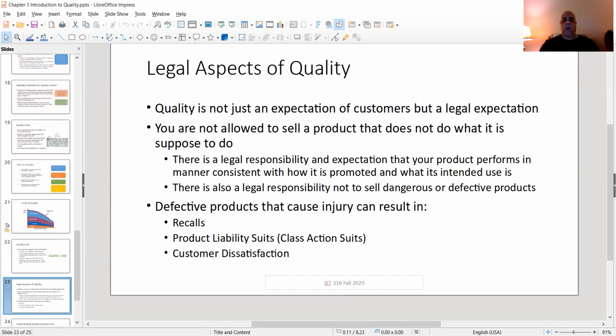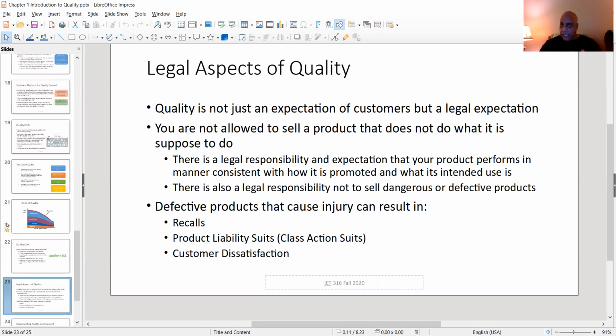Then you have the legal cost of quality. You see, quality is not just an expectation of customers, but a legal expectation. Why? Because you're not allowed to sell a product that does not do what it is supposed to do. There is a legal responsibility and expectation that your product performs in a manner consistent with how it is promoted and what its intended use is.